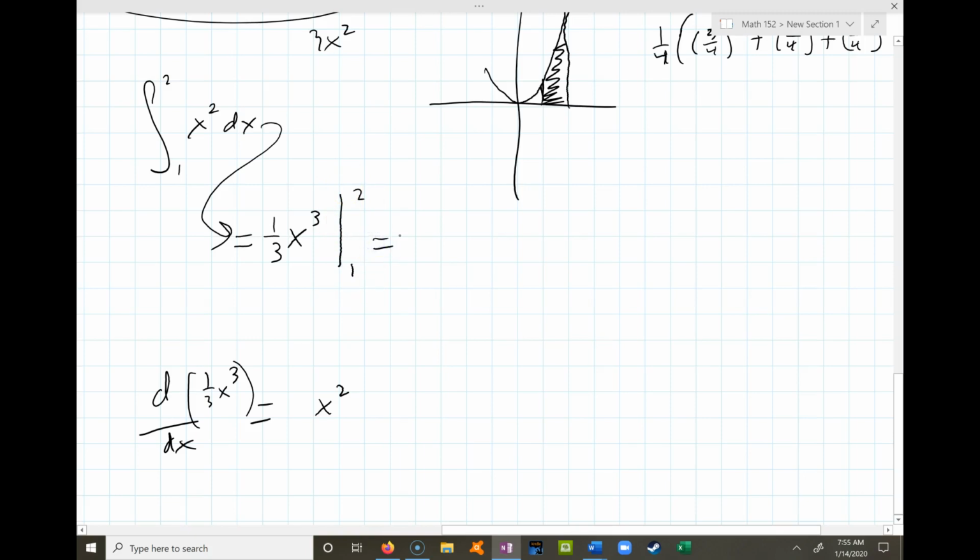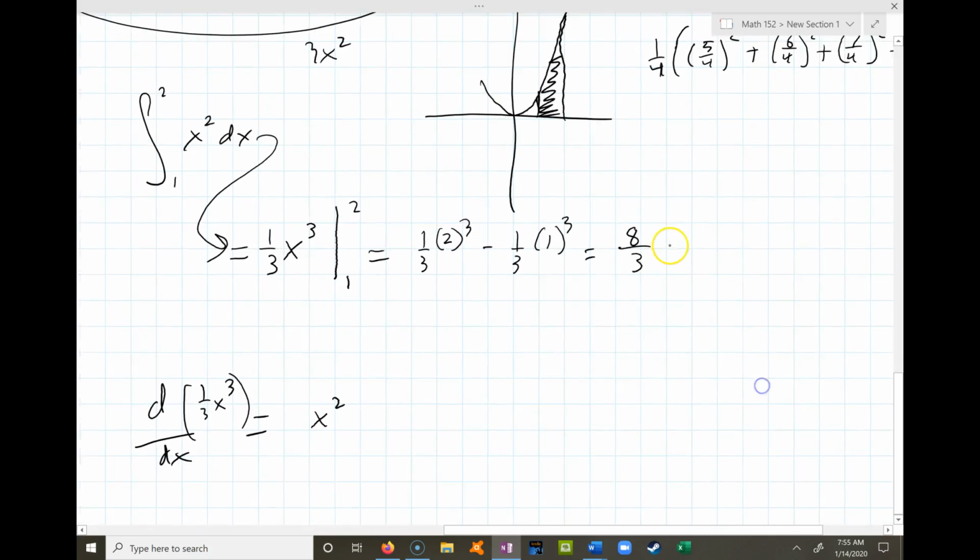Okay, so then to evaluate this, I'm going to do 1/3 times 2 cubed minus 1/3 times 1 cubed. And of course, that would be 8/3 minus 1/3, which would be 7/3.